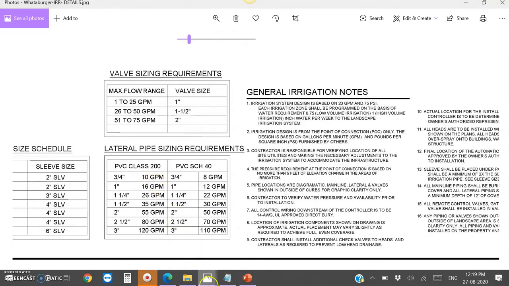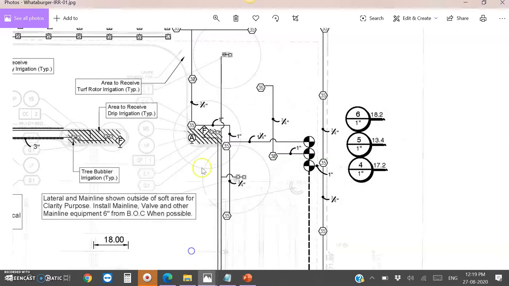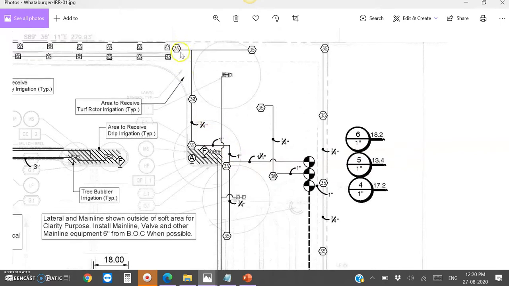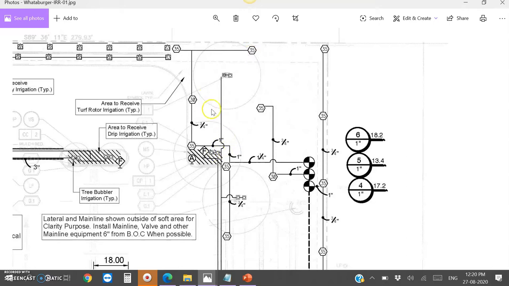So we used 3/4 inch pipe here because we are supplying only one rotor on this side. But if you look at the upper side, we used 1 inch pipe because we have to supply four rotors, which is more than 10 GPM. So that's why we have used 1 inch pipe here.